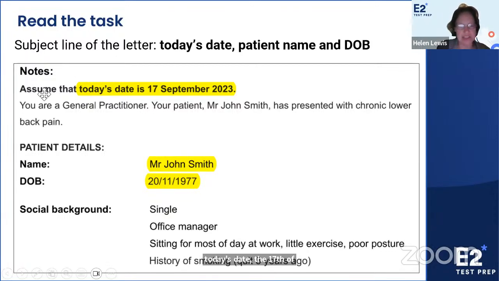And here it says, assume that today's date is this date. And we will have the patient's name and their date of birth. And you can see what's highlighted here is the full name. Now, the full name means the first name and the surname or the family name, and also the title of the patient.